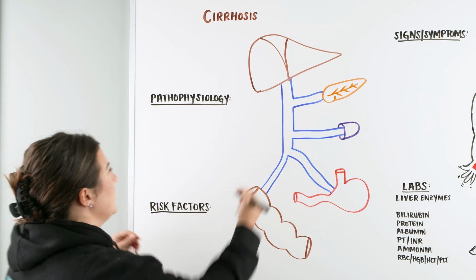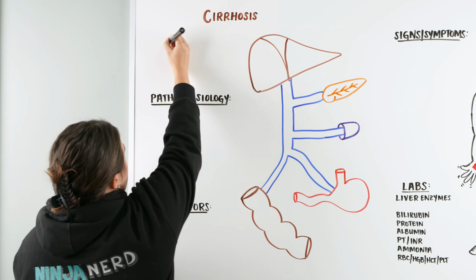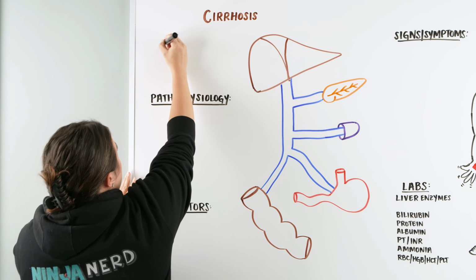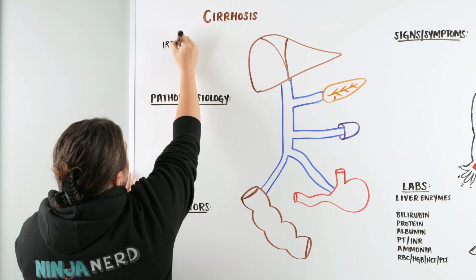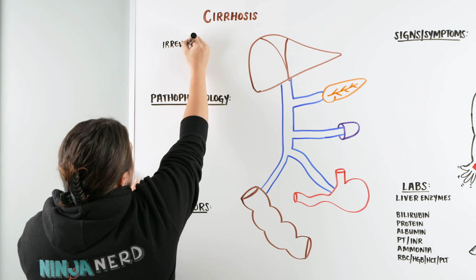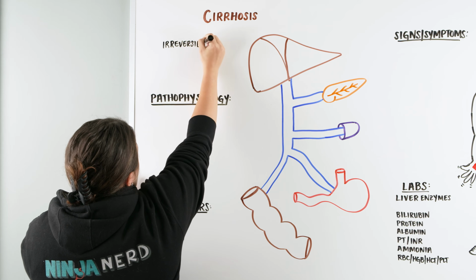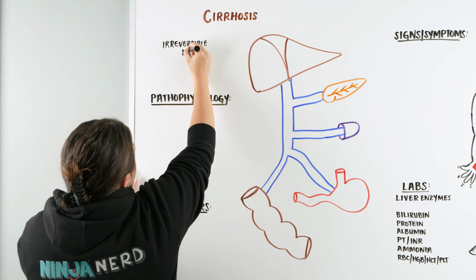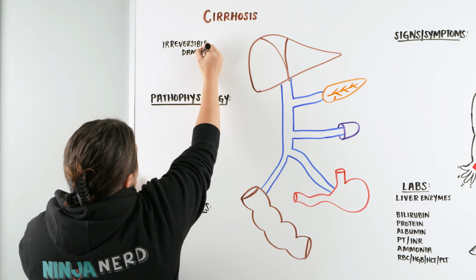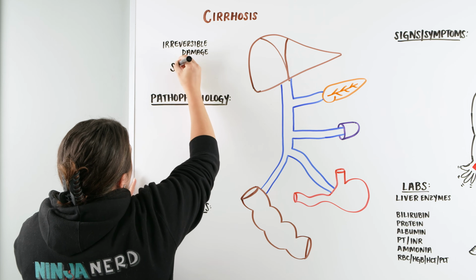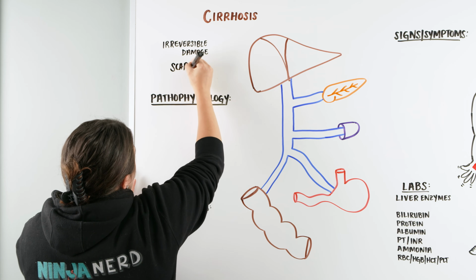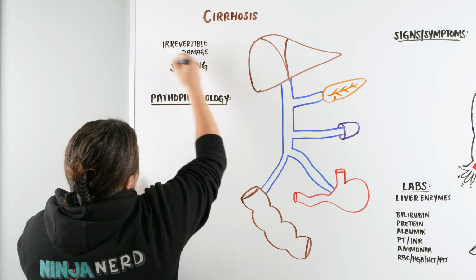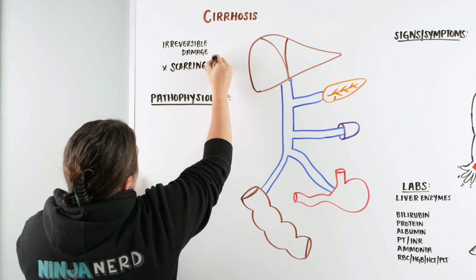Over time, there is a lot of stress and chronic, irreversible damage to the liver, and that is what we call the scarring. This scarring impedes the proper function of the liver.